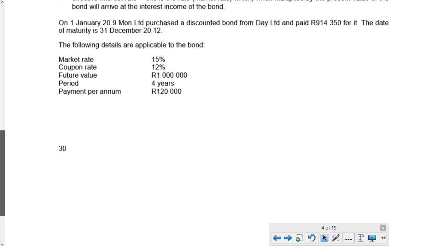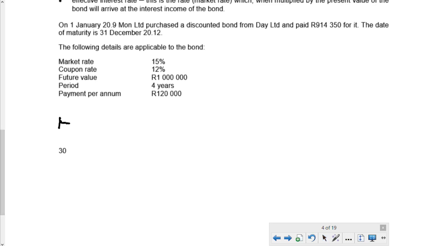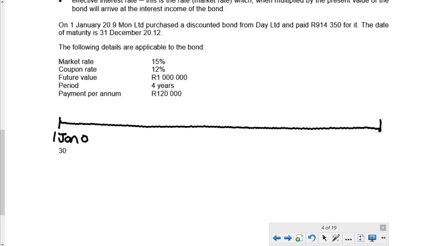On the 1st of January 2009, the company purchased a discounted bond and paid 914,350. So 1 Jan 2009, I bought a bond at a discount, and I paid 914,350. The date of maturity is 31 December 2012.